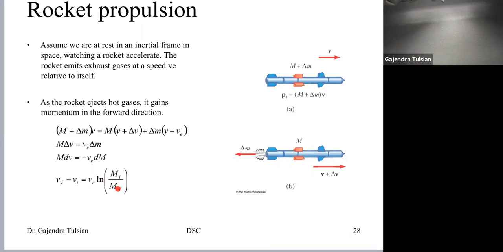So what this equation really tells you is, if you want to achieve a certain final speed, for instance, the space shuttle had to go at 8 kilometers a second to be able to orbit the Earth, this equation will tell you how much fuel you need. This is the initial mass of the rocket and fuel, this is the final mass of the rocket after it's burned all the fuel, and that's the velocity to achieve. That's what this equation is useful for. Now we'll give you a better approximation. This is if it were in outer space.